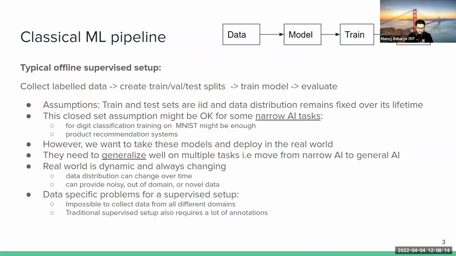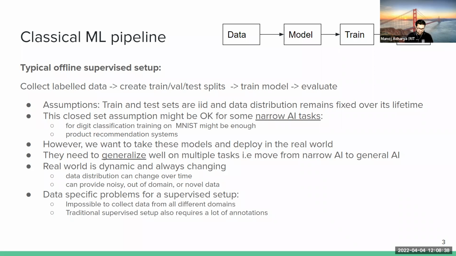But the problem in real world is it's really dynamic and it's always changing in a sense that the dataset distribution can change over time. And the real world environment can also provide noisy data, out of domain data, or sometimes even novel data. So the model needs to deal with all of these scenarios, right?